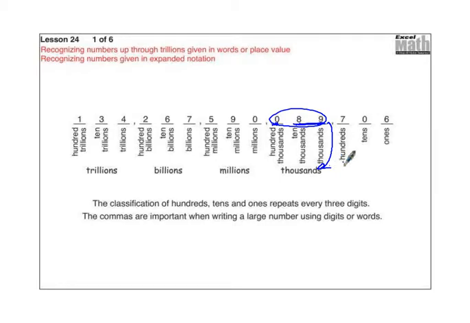And then the hundreds, tens and ones are just read like I would normally say it, 706. So once again, it's 134 trillion, 267 billion, 590 million, 89,706, and I don't say anything after that. I'm all finished saying that big giant number.